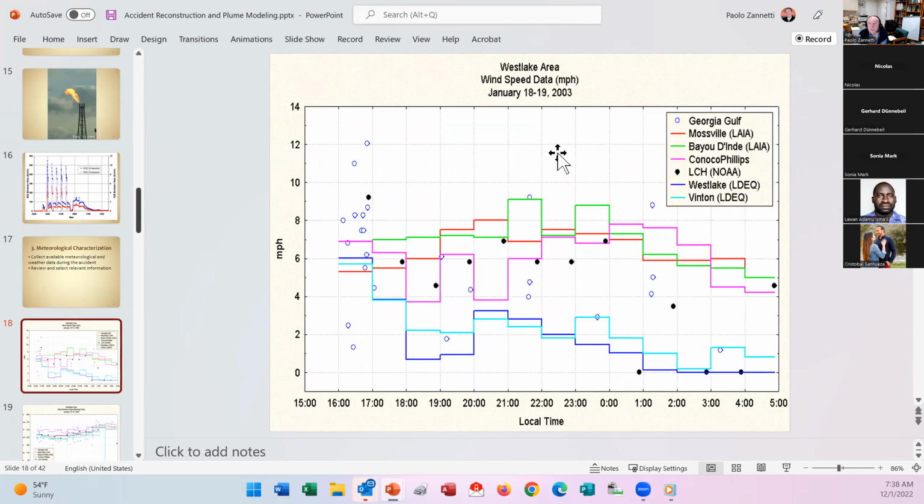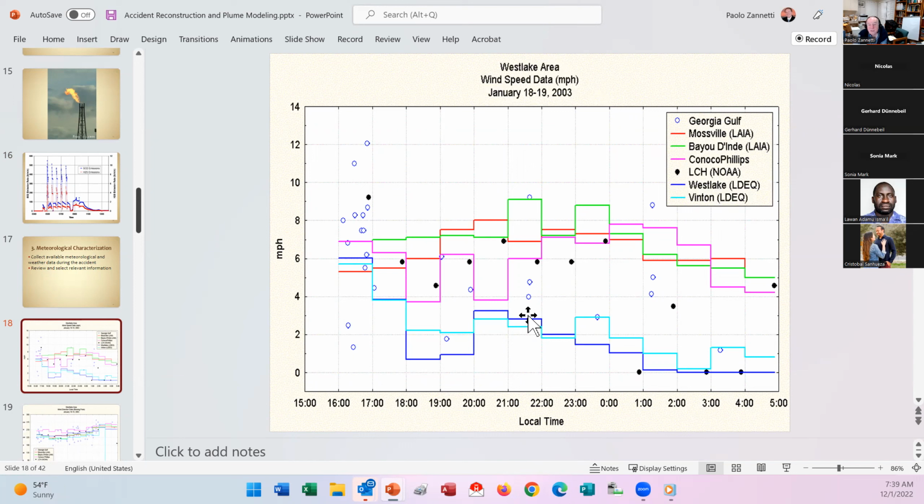This, for example, is the wind speed data collected in a certain region by 7 different stations. They are not too far away. They may be 10 miles away.